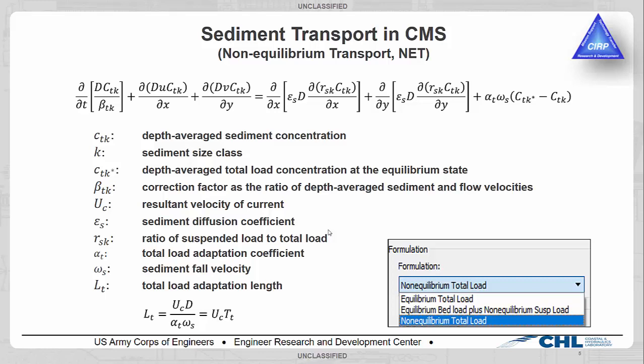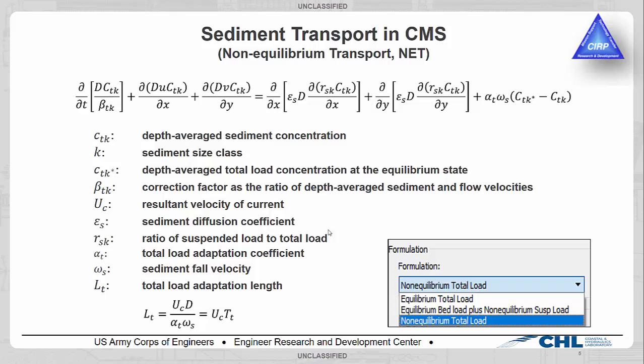So k is one of the sediment size classes. C_tk star is the depth-averaged total load concentration at equilibrium state. And beta_tk is a correction factor, the ratio of depth-averaged sediment and flow velocity, so it's a lag between flow and sediment. This parameter was calculated in the model.